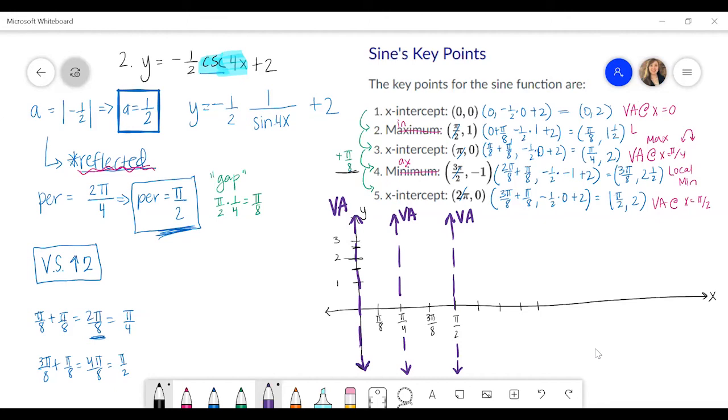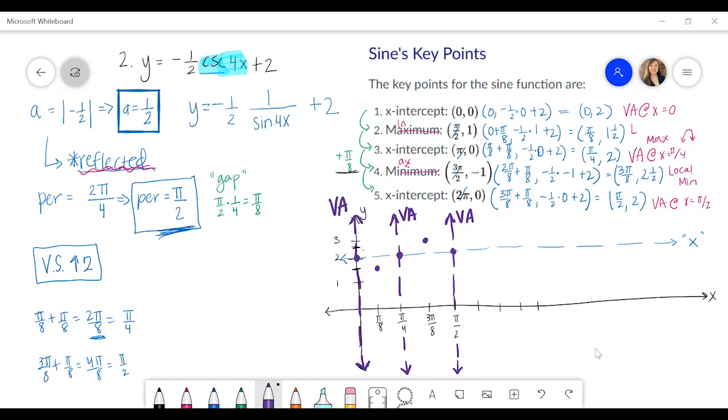Technically, all of the sine graph has been raised up to this new kind of false x-axis. So everything's been raised. So when I say x-intercept, I'm saying it crosses that 2 line. So just be careful, it gets reflected. So we actually go down here, back up, and then up here and back down.